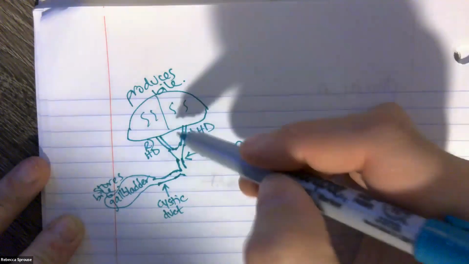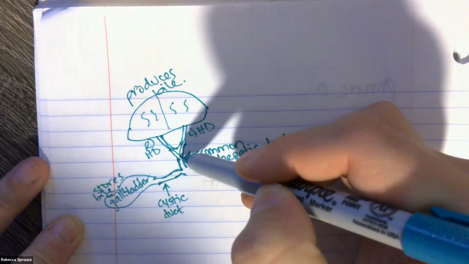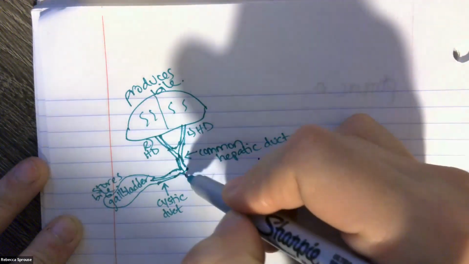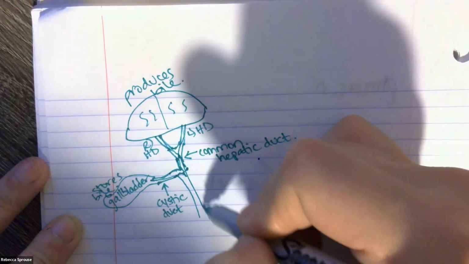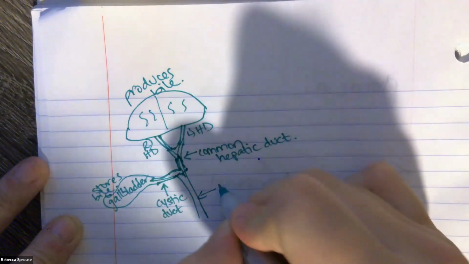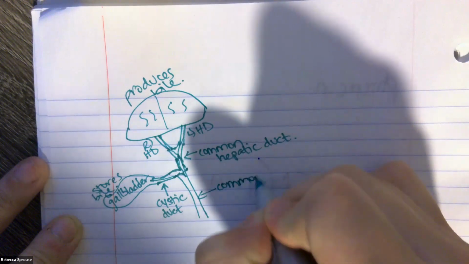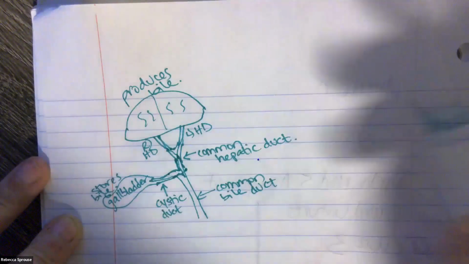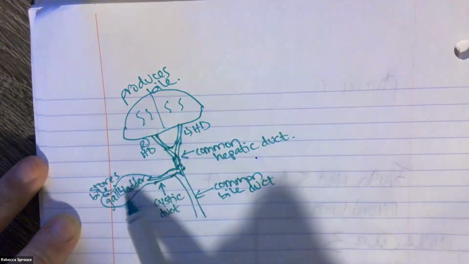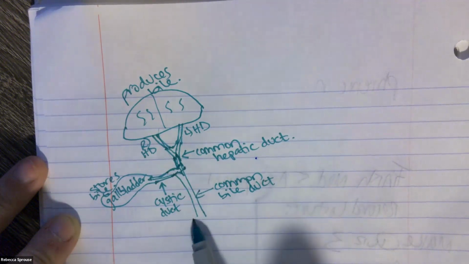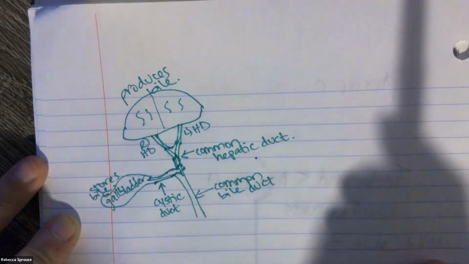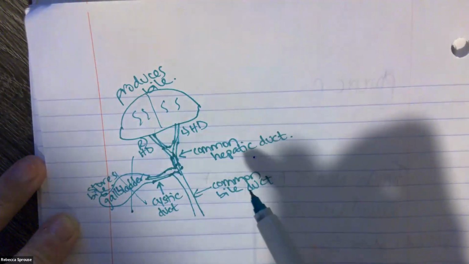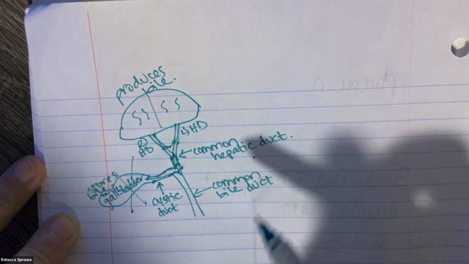So now we have bile coming here, and we also have bile coming here. And that's all going to drain down a common tube called the common bile duct. So we have bile coming out of the liver, and we have our stored bile coming out of the gallbladder, but it's all going to end up in this common bile duct. So why can people who have their gallbladder removed still eat fat to some extent?